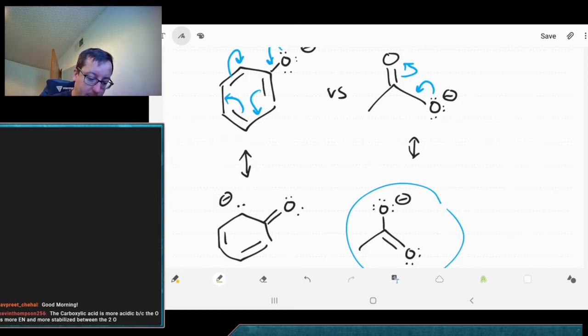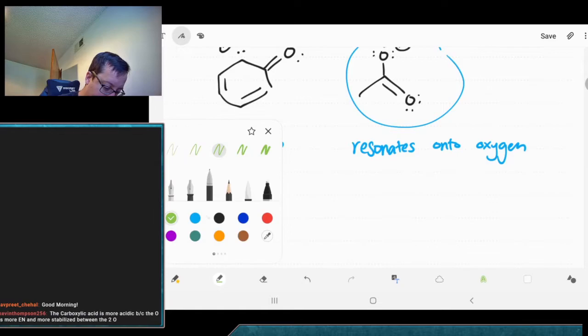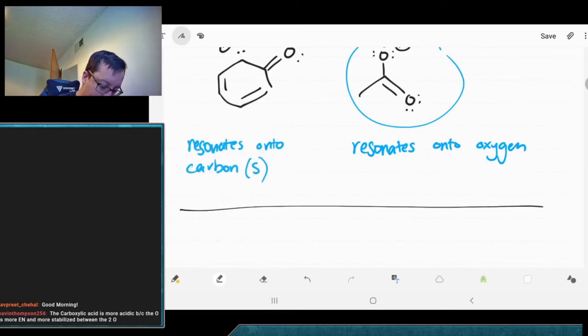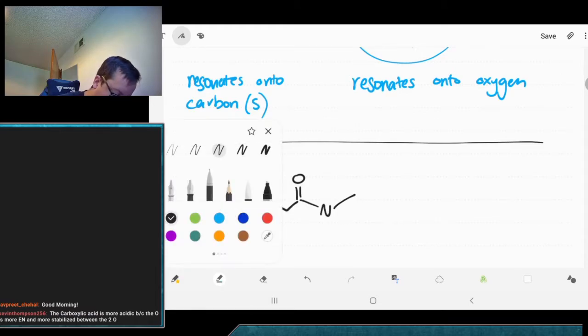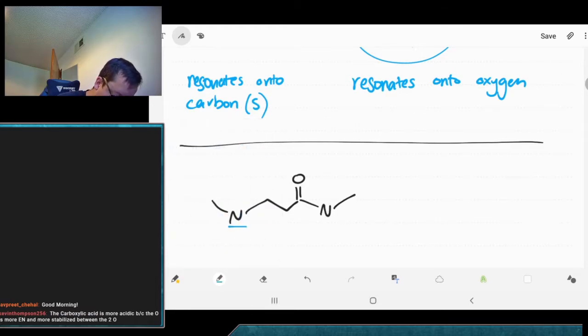We can do some comparisons as well. This one I like. It's from the book. Comparing these two hydrogens.